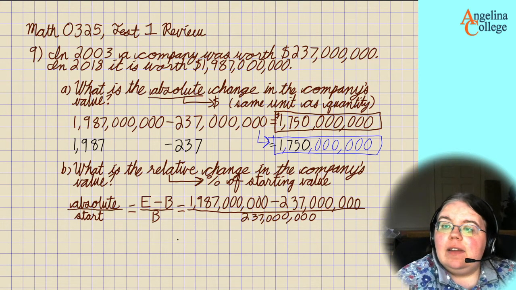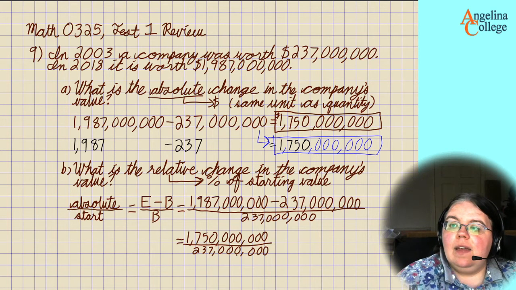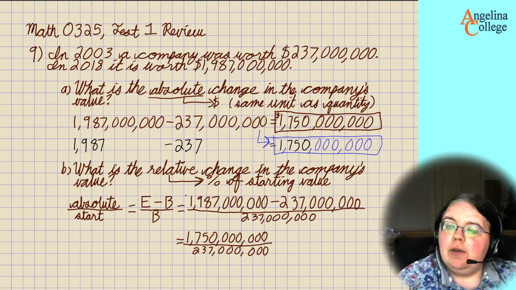Another way you can deal with this, since we've already calculated the absolute amount, is to just say 1,750,000,000 divided by 237,000,000. If you want to just start from this first version here, though, and punch that straight into your calculator, I strongly recommend that you put parentheses around the numerator because it has terms. If you don't put parentheses around the numerator, your calculator will misunderstand you.